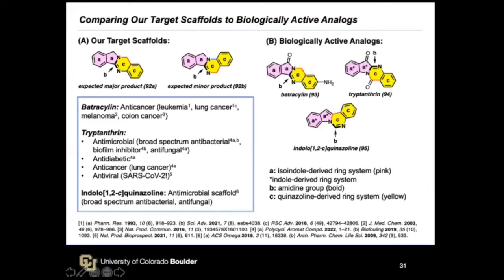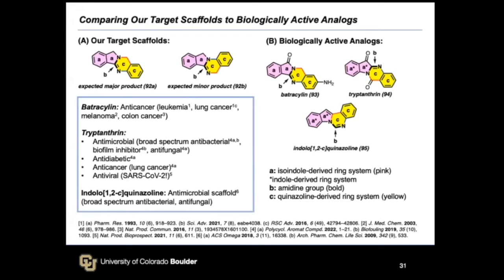So these on the right here are the biologically active analogs that I referenced earlier. I highlighted the key structural features of these compounds and my targets, the ones that they have in common.